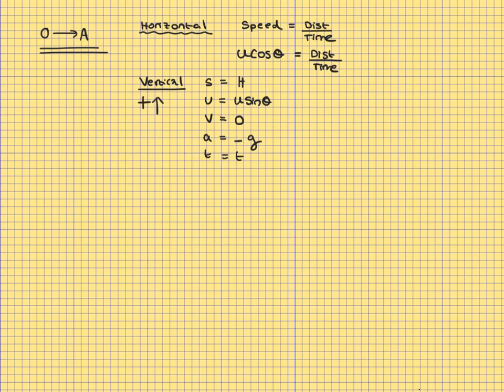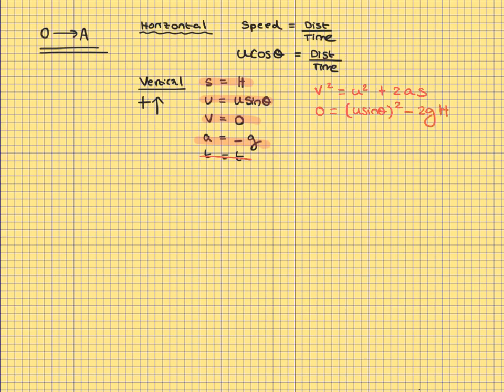So the information that I am going to focus on, s, u, v and a, so I'm going to rule out t here, and this leads me into v squared equals u squared plus 2as. So 0 equals u sine theta all squared minus 2gh.